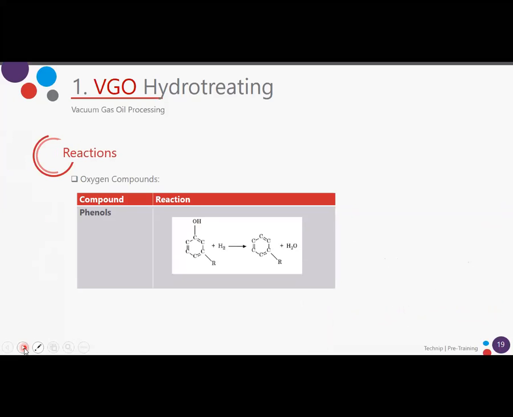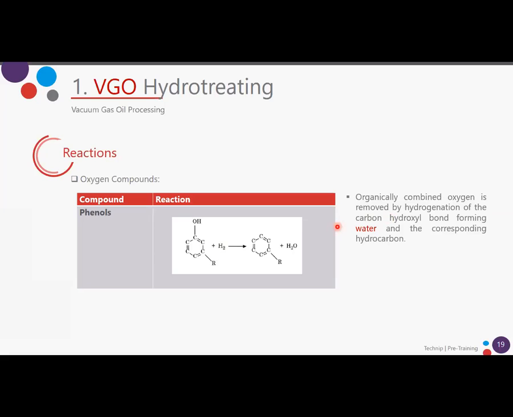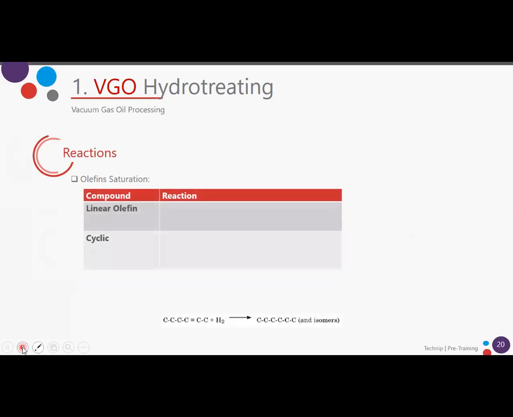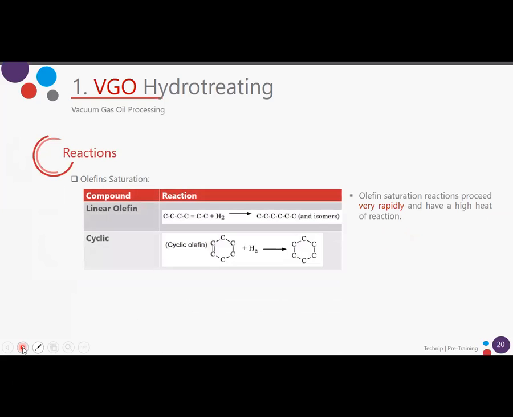We can also have some oxygen compounds, and they will react with hydrogen. The organically combined oxygen is removed by the hydrogenation of the carbon hydroxyl bond, forming water and the corresponding hydrocarbon. We have seen also that during the reactions we will have some olefin saturation.